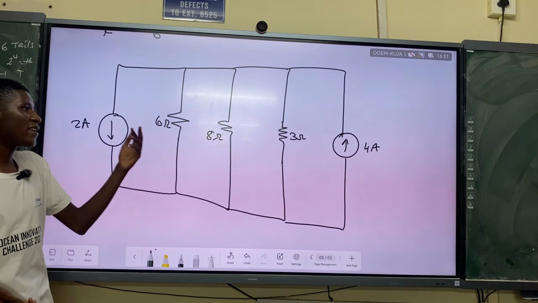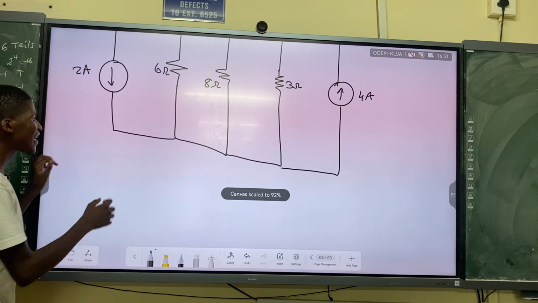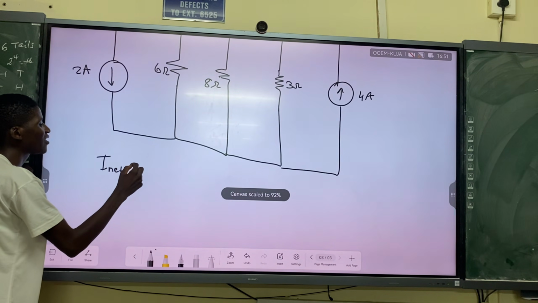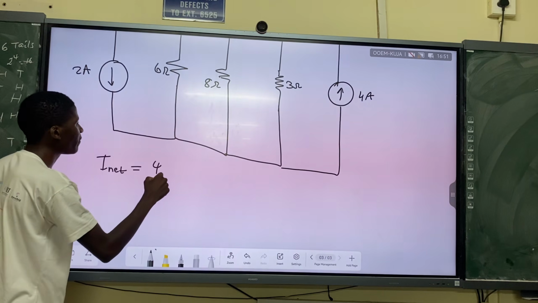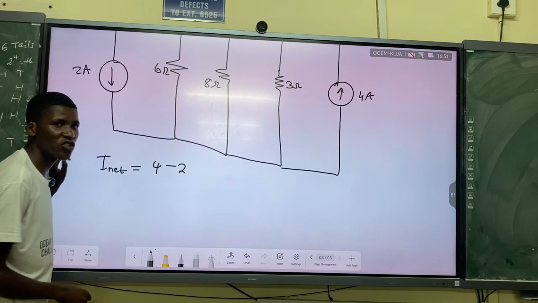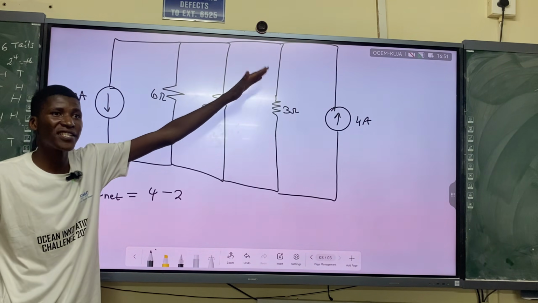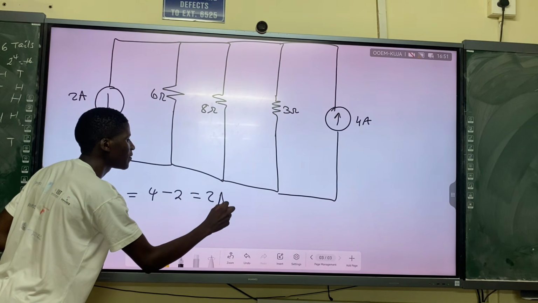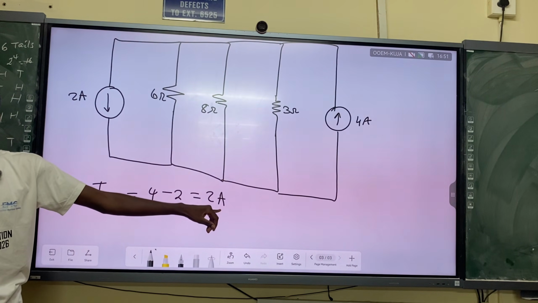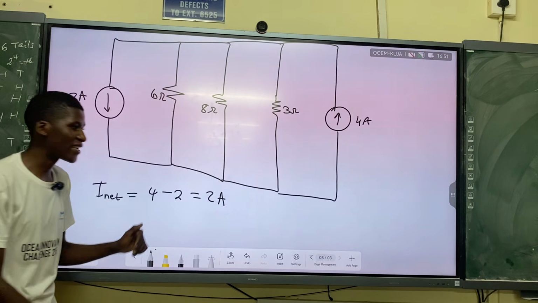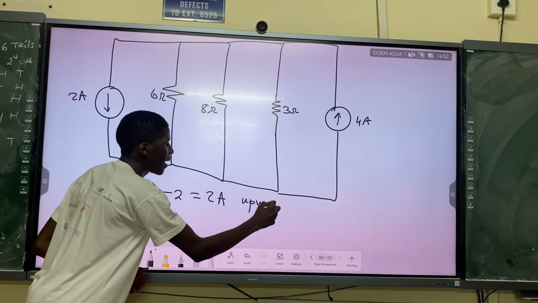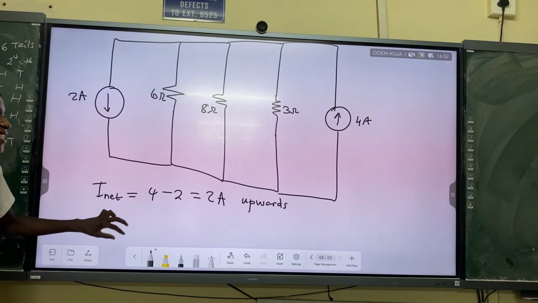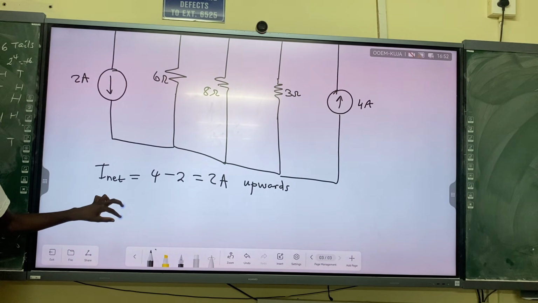If we choose up as positive, the net current there is going to be positive 4 minus 2, because the 4 going up is positive and the 2 going down is negative. So the net current is going to be 2A, upwards, because we chose up as positive, and current can be treated as a vector at this point using this model.